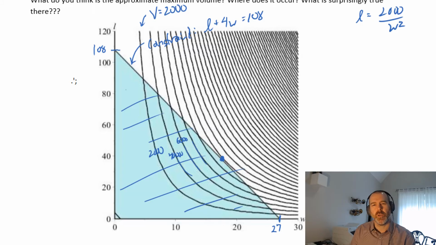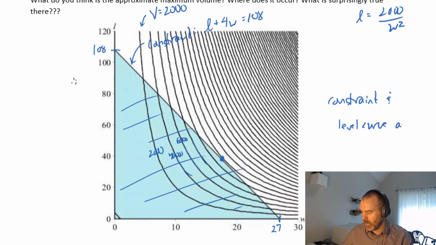So what would be true about them at that point? The key is that the constraint and the level curve are parallel. The constraint and the level curve are parallel.